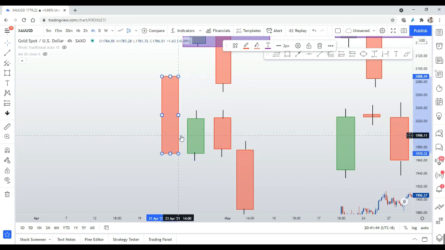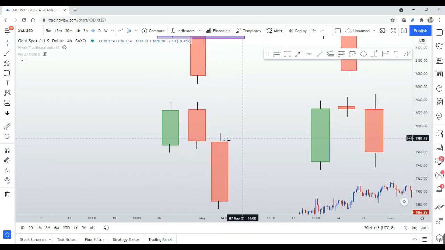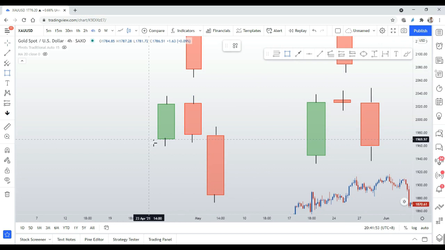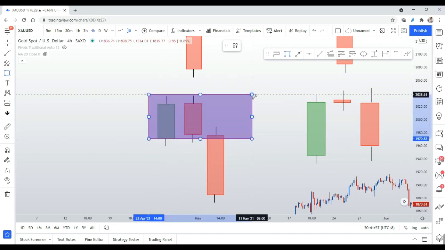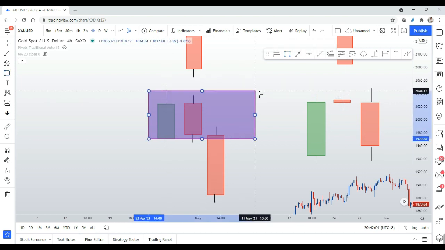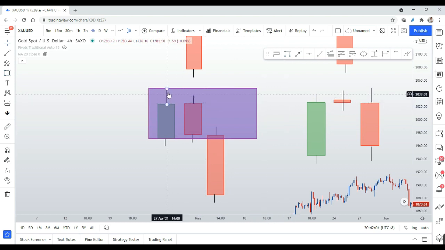So it's important to know how you see the supply zone. In this case, the supply zone will be from the open of this first candle to the highest wick. If it's like this, then it will be like this.